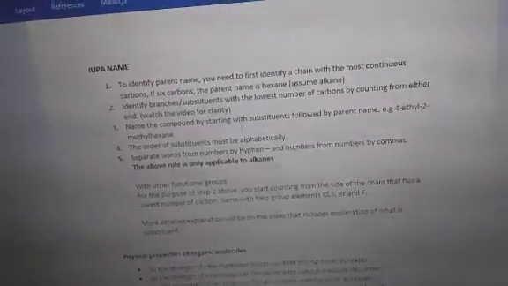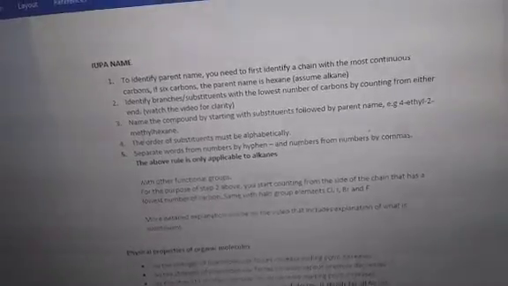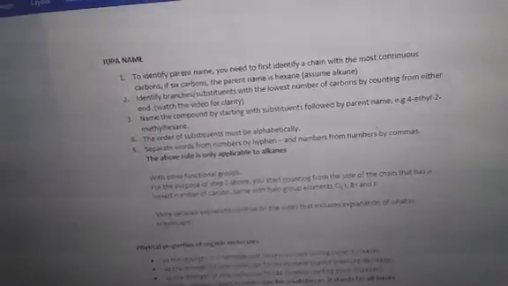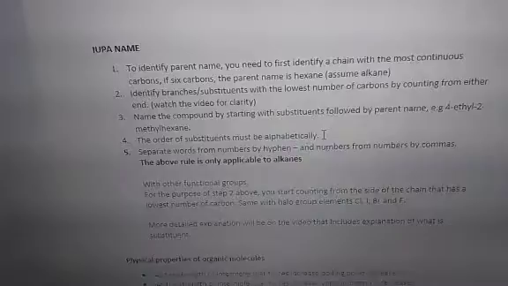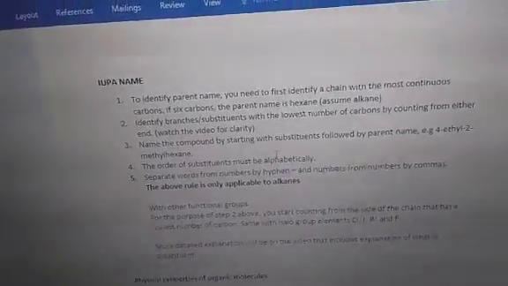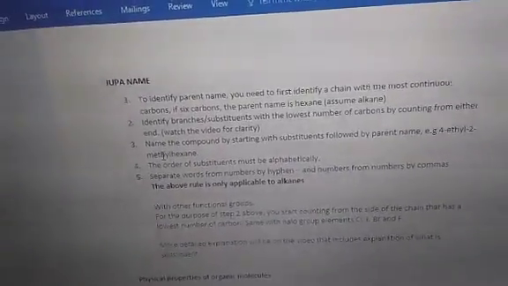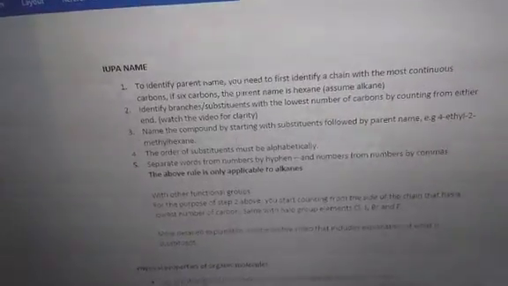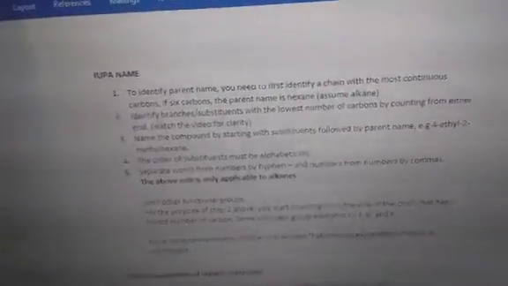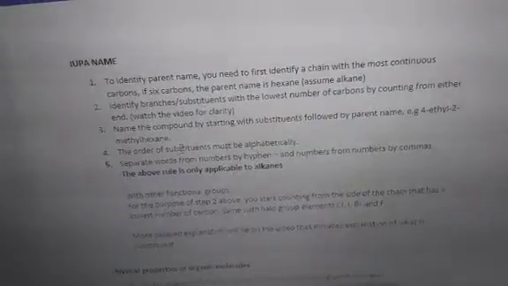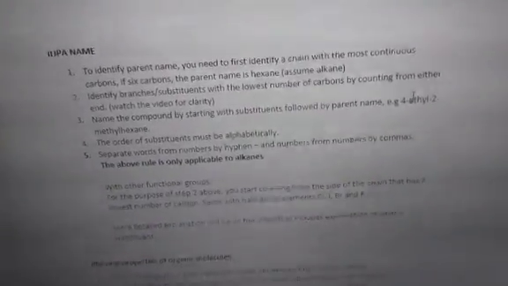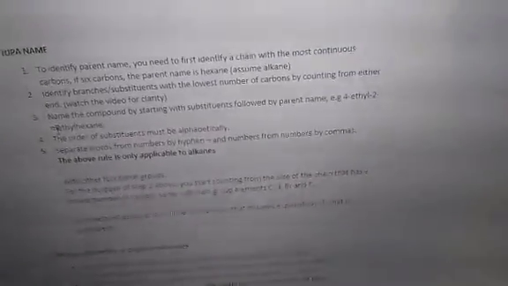But I will illustrate, don't worry if you don't follow what I'm saying, I will illustrate that on the paper. The order of substituents must be alphabetical. Just like here, we should have started with methyl, but because it should be alphabetical, we had to start with E before M. Hence, it's ethyl, then methyl.